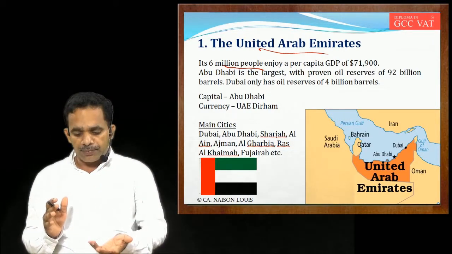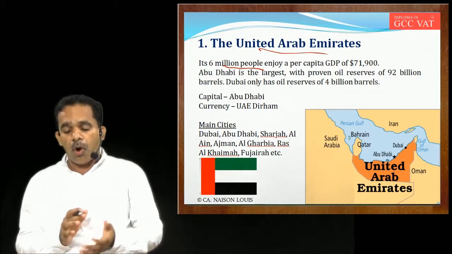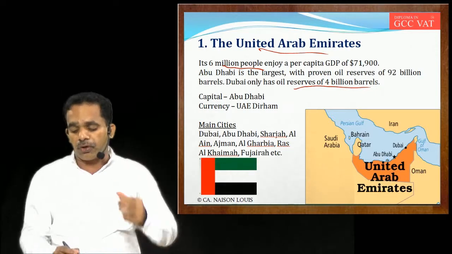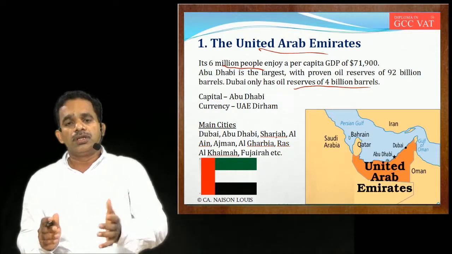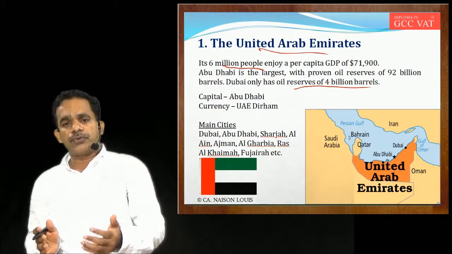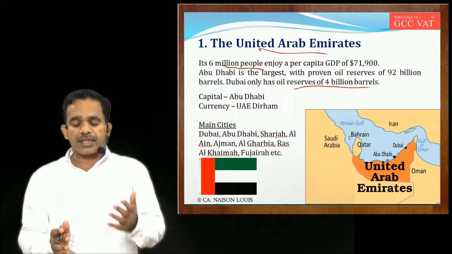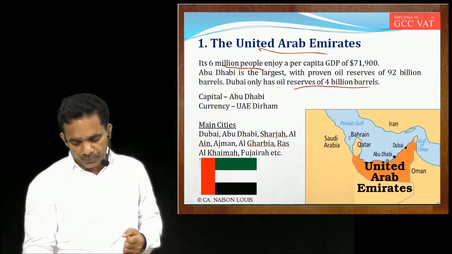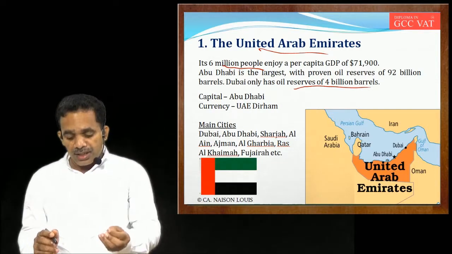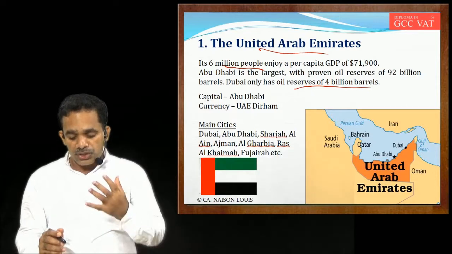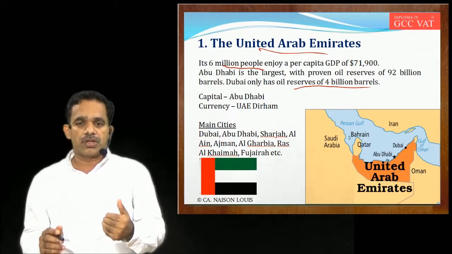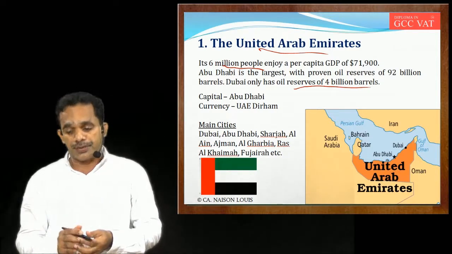Then Dubai has only oil reserves of 4 billion barrels, but it is famous for tourism. The capital of UAE is Abu Dhabi, and the currency is the UAE dirham. The main cities include Dubai, Abu Dhabi, Sharjah, Al Ain, Ajman, Al Gharbia, Ras Al Khaimah, Fujairah, etc. So this was the first country, UAE.